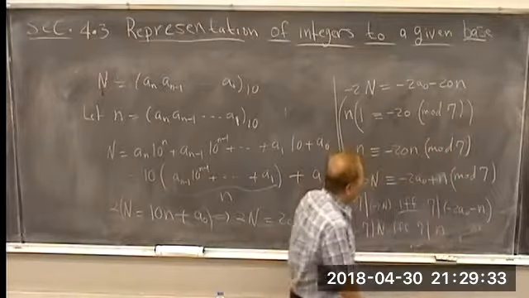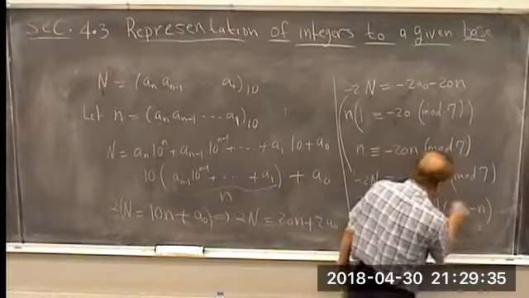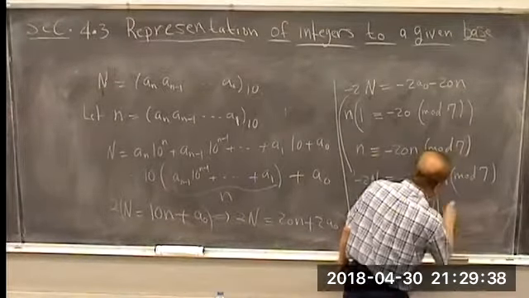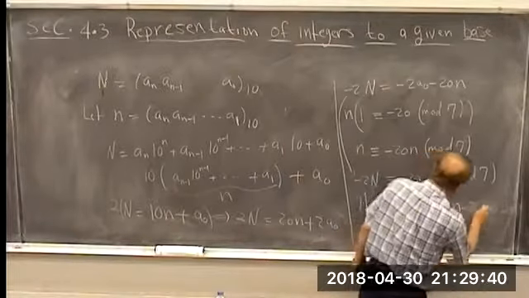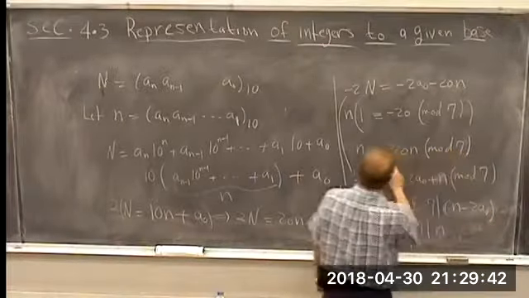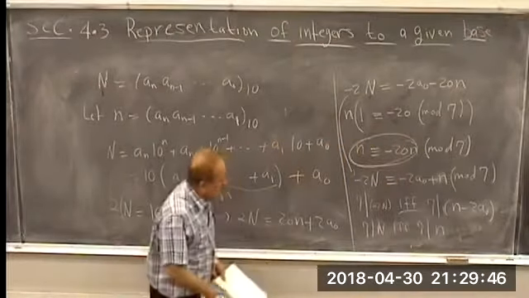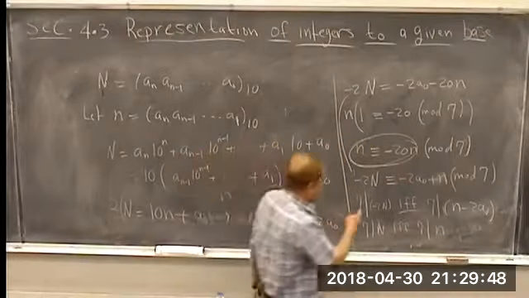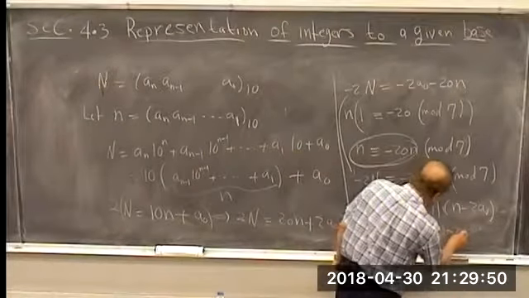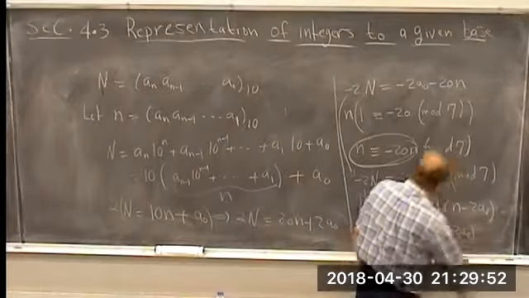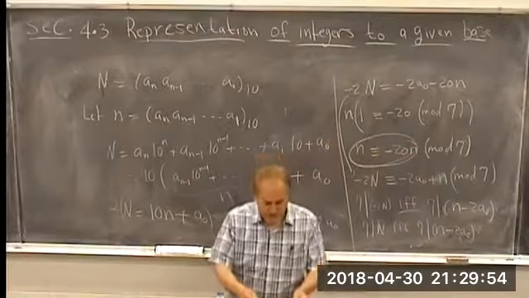Or this is a plus n. Or we could write this one as n minus 2a_0. I'm replacing the negative 20n by n. All right? So this means if and only if this is divisible by it. And this is exactly what we have to show.